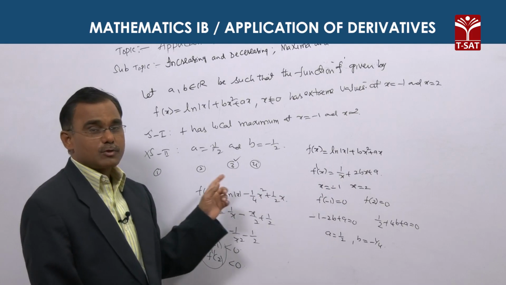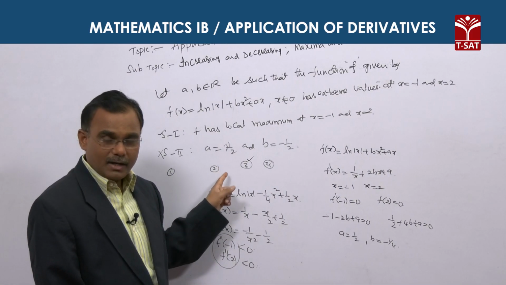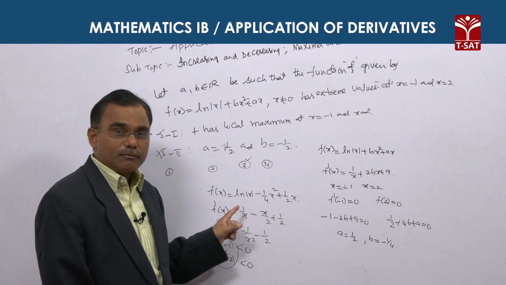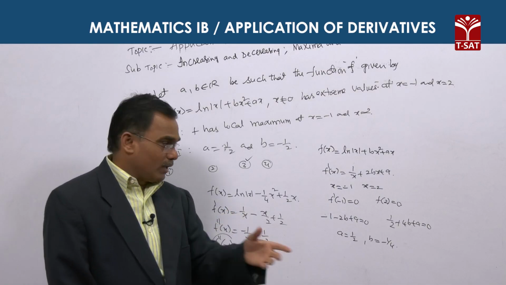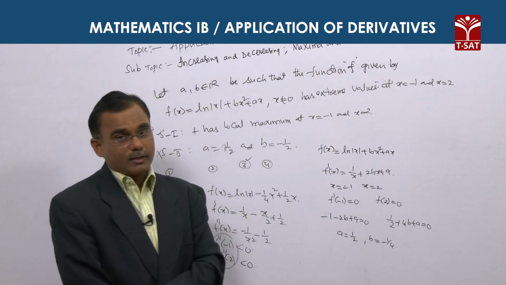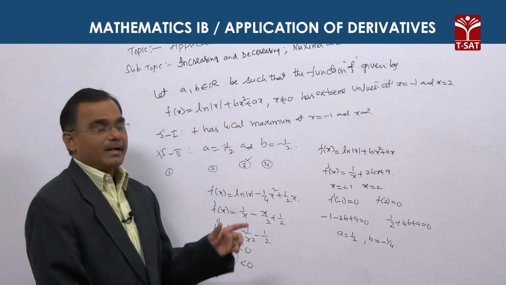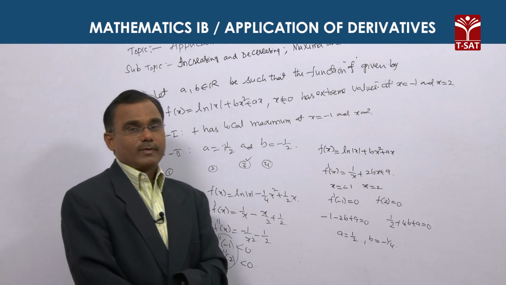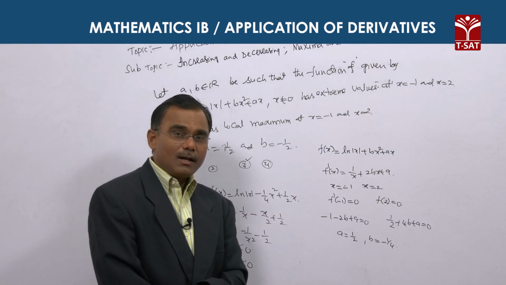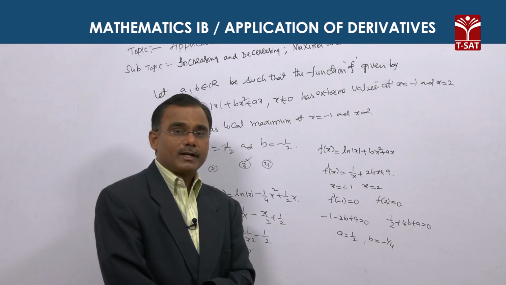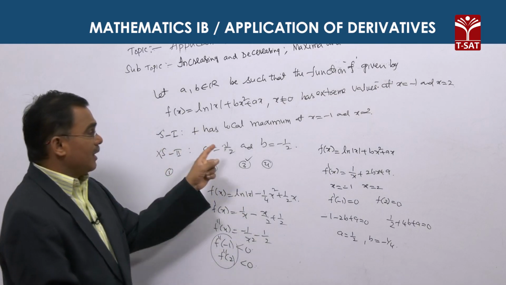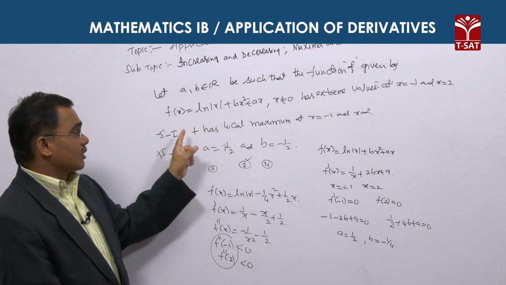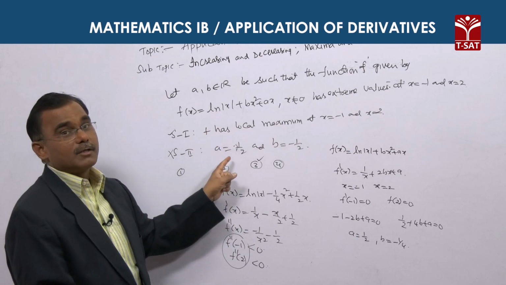Substitute a and b in the given function, find f'(x) and f''(x), and decide maximum or minimum at the critical points -1 and 2. Substituting gives negative values, so the function has a local maximum at x = -1 and 2, but the a and b values are not correct. That's why statement 1 is true and statement 2 is false.